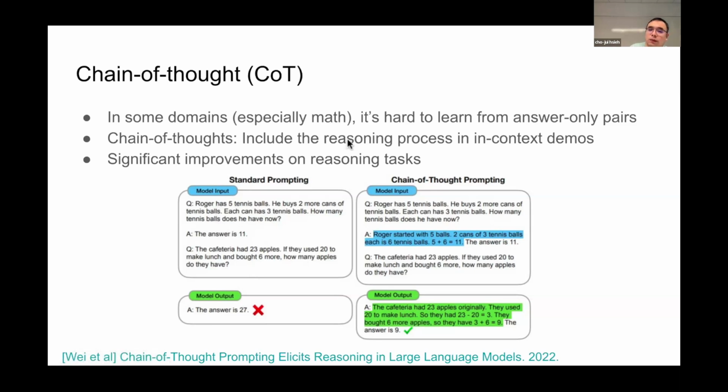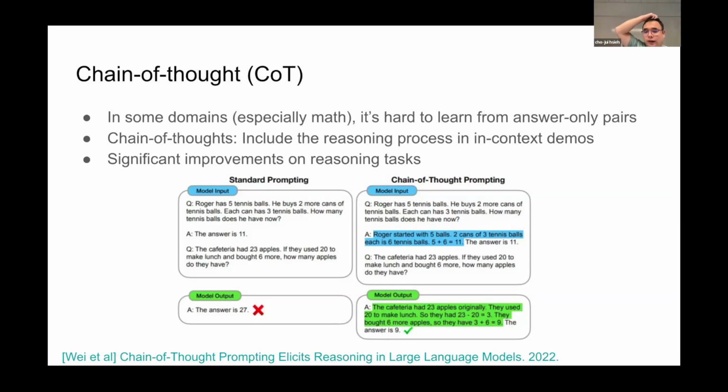People find that if you add the detailed derivation of how you get the answer, for example, instead of just saying the answer is 11, you show how you derive this 11 in the prompt, then when the model sees another question, it will also try to derive some sentences, which is the thinking process, and then eventually get the answer.